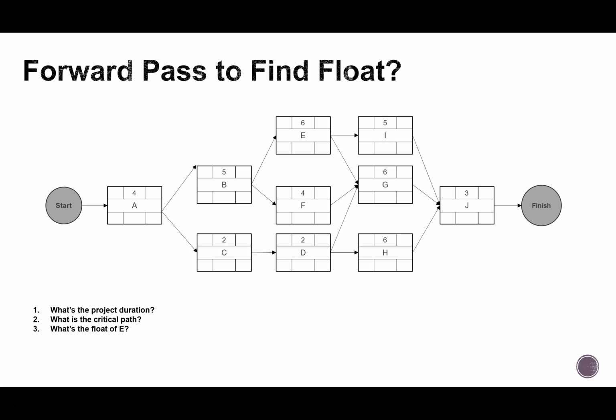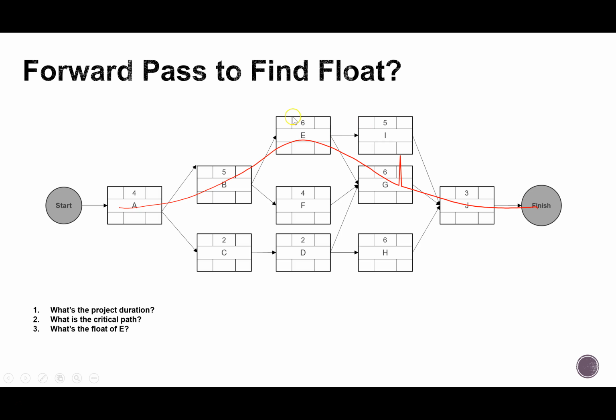In this case, if I actually find that activity E falls in that critical path, then I actually don't have to do the forward and backward pass. So let's recall, in the previous slide, I found that ABEGJ is really my critical path.